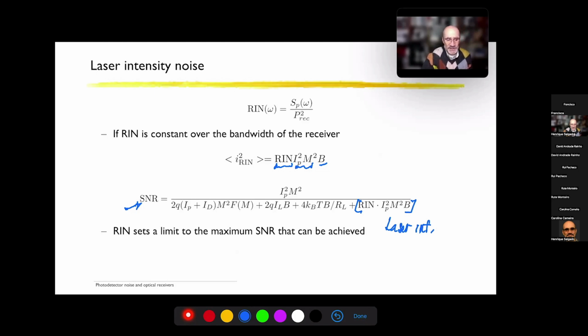And this noise sets a limit to the maximum signal-to-noise ratio that can be achieved at the photodetector, because even if the receiver doesn't add any additional noise, the noise generated at the transmitter cannot be avoided, and so it defines the maximum possible value for the signal-to-noise ratio.